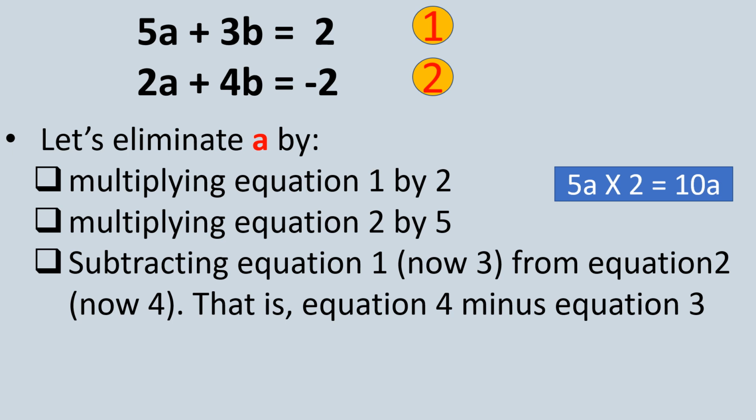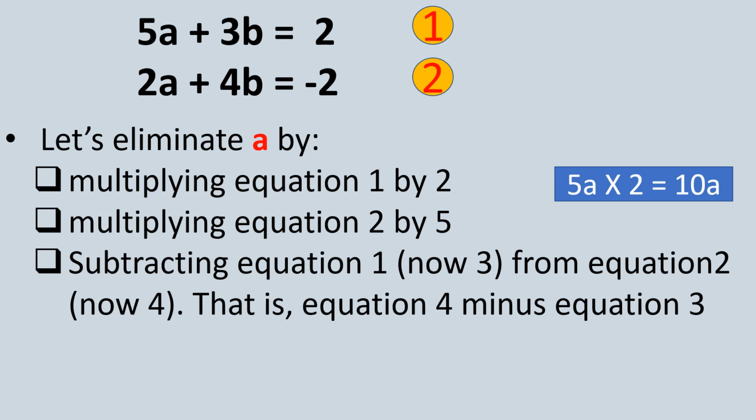In equation 1, we have 5a, but in equation 2, we have 2a. So what do we do in equation 1 to make it look like equation 2? And what do we do in equation 2 to make it look like equation 1? That is in terms of the a. So in equation 1, what we'll do is multiply it by 2.